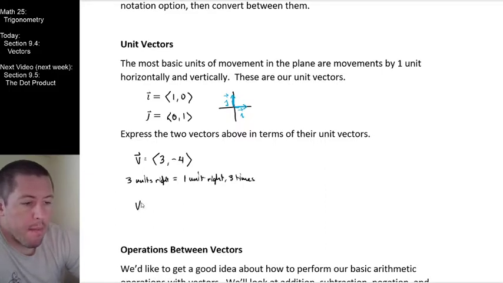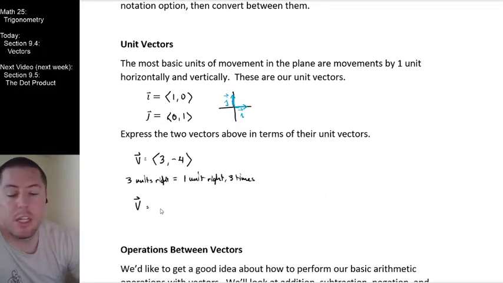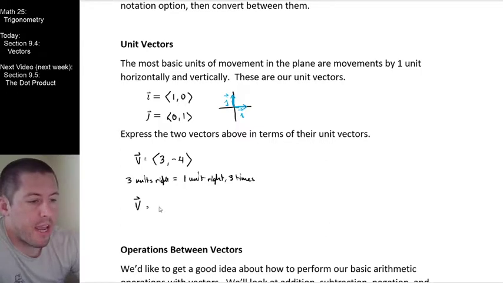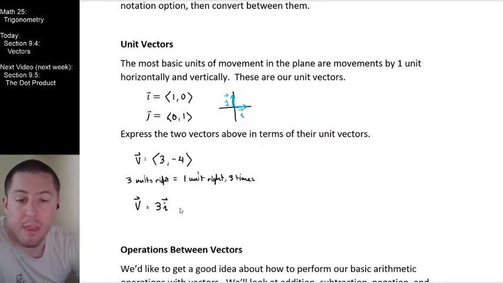Therefore, when I go to write my vector here in component form using my i's and j's, this 3 right here could be expressed as 3i because that says go to the right 3 units.